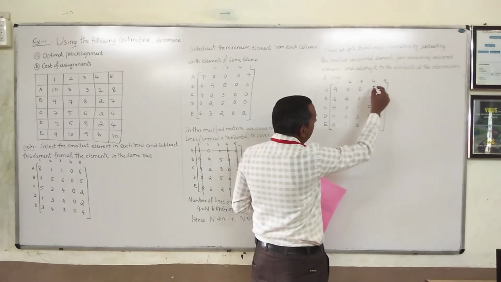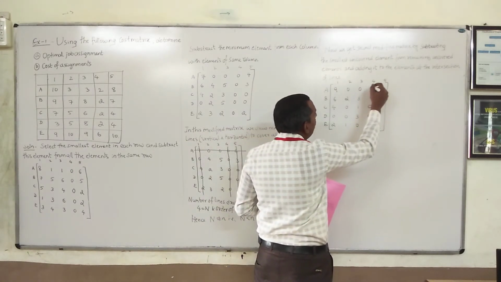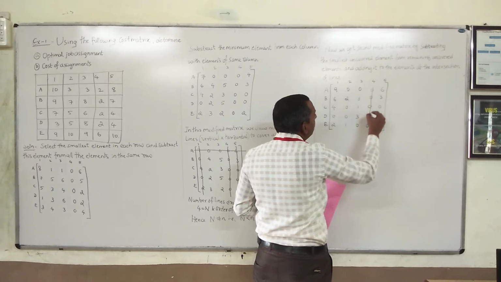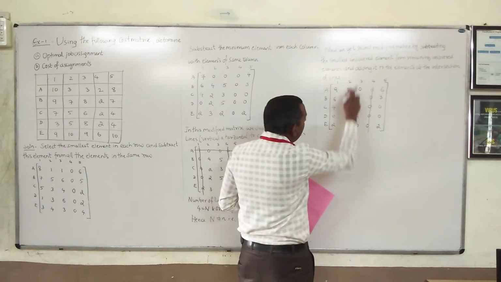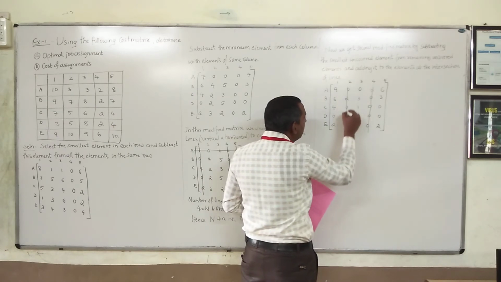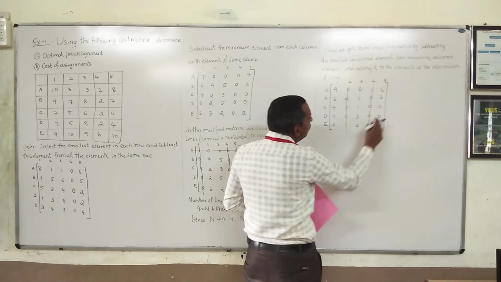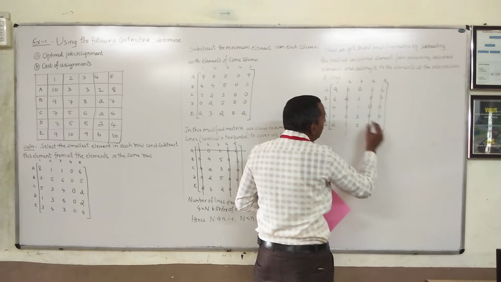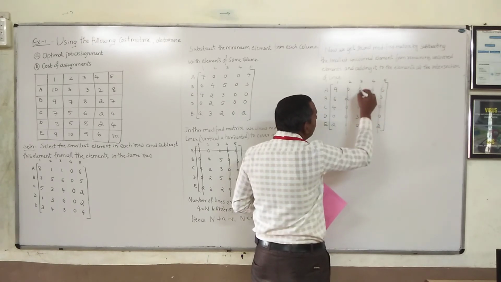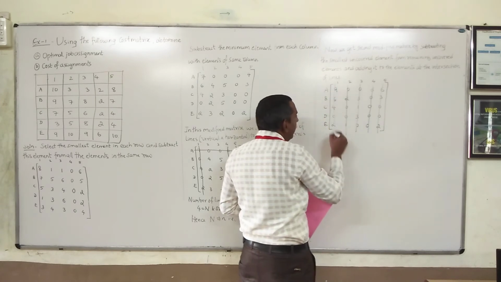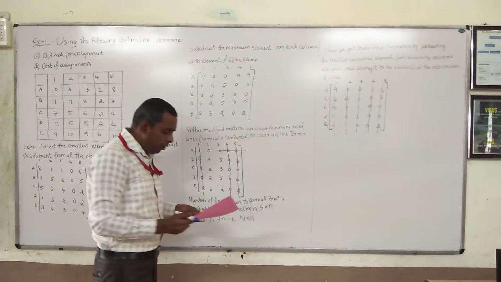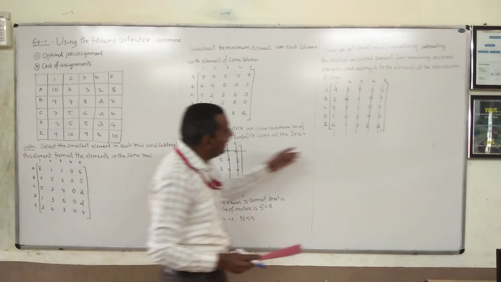So here maximum 4 zeros are here, so I will draw a line. Fine. So here there are 3 zeros, so I will draw the line. Here there are 2 zeros, I will draw the line. Here also there are 2 zeros, I will draw the line. So remaining is 1, so I will draw the line. So I have drawn all the lines.